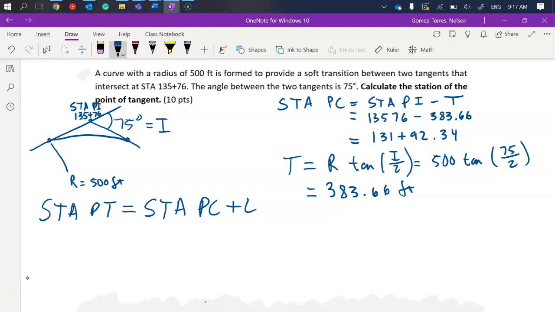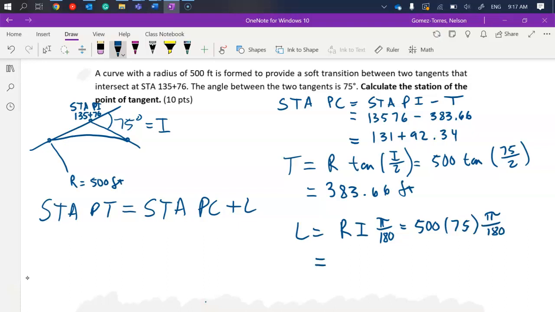And that's great. Now we have the station of PC, but we don't have L. So let's find out what L will be. The formula for L is R I pi over 180. R, we know what R is. I, we know what I is. Pi, you know pi, and 180.